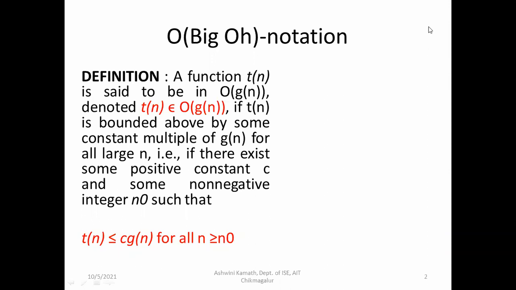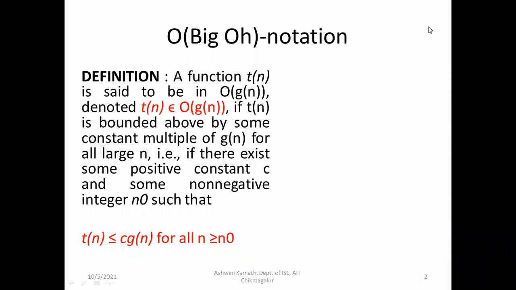C is a constant. And t of n must have a slower order of growth when compared to g of n. Then only we can say that t of n belongs to big O of g of n. It is bounded above by some constant multiple of g of n.